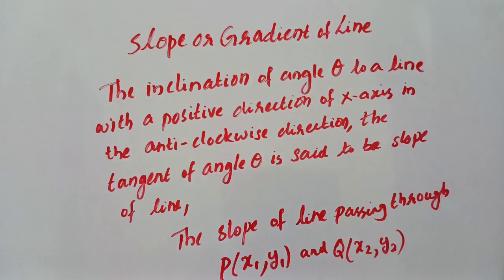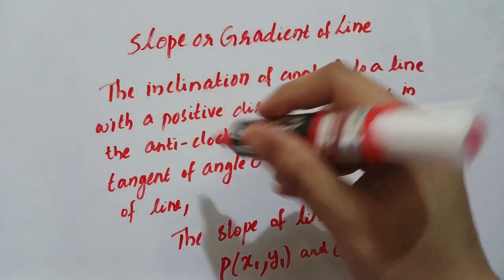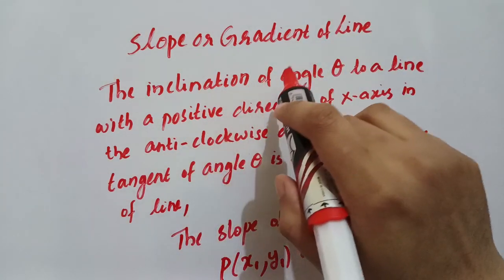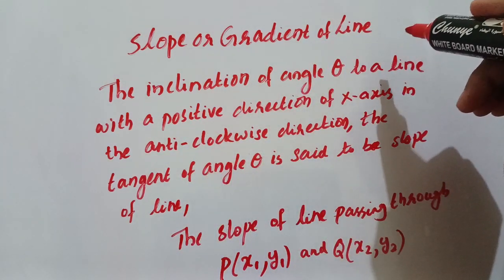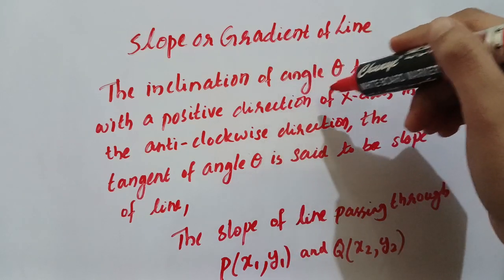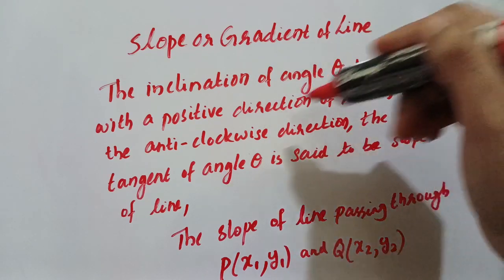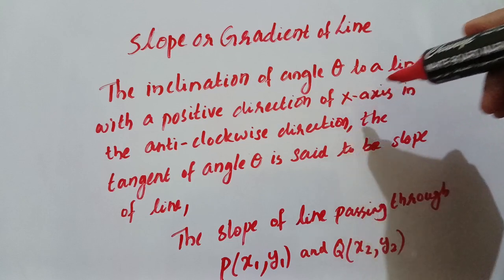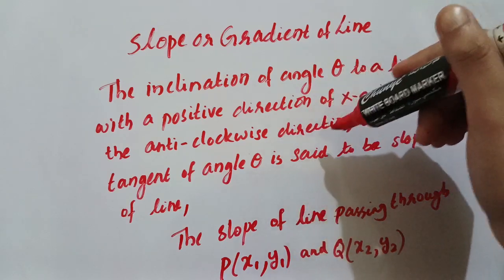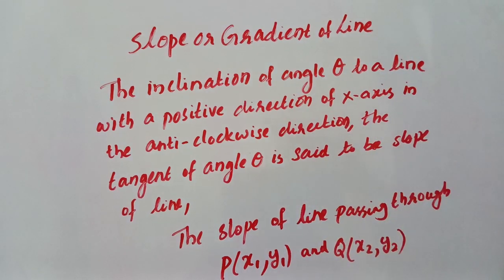This is the definition of slope. It is also called the gradient of the line. I repeat the definition: the inclination of angle theta of a line with the positive direction of the x-axis in the anti-clockwise direction. The tangent of angle theta is said to be the slope of the line.